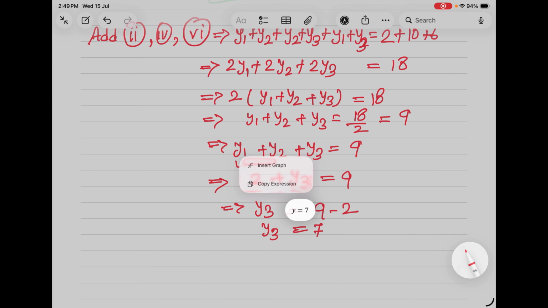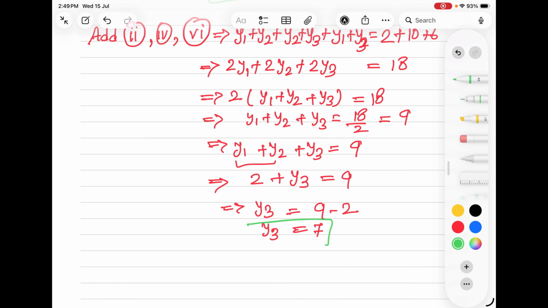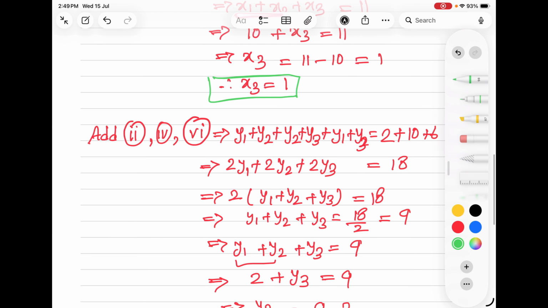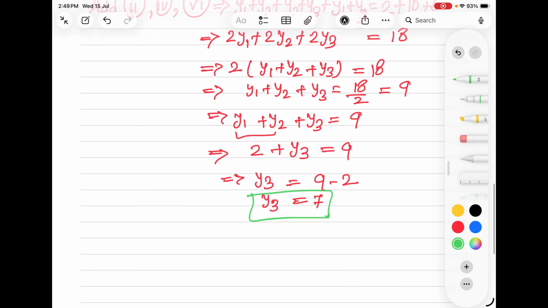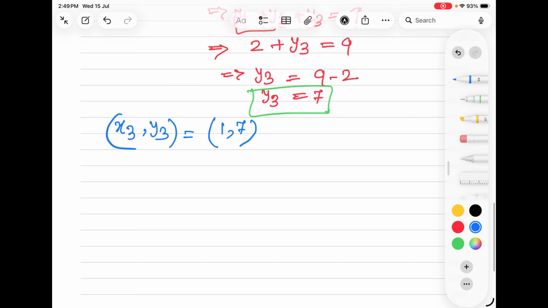That is the value of y3. So the value of x3 is 1 and the value of y3 is 7. So we can write x3, y3 equals 1, 7. Keep it like that.